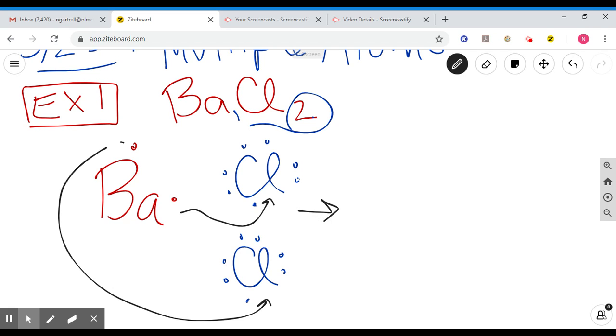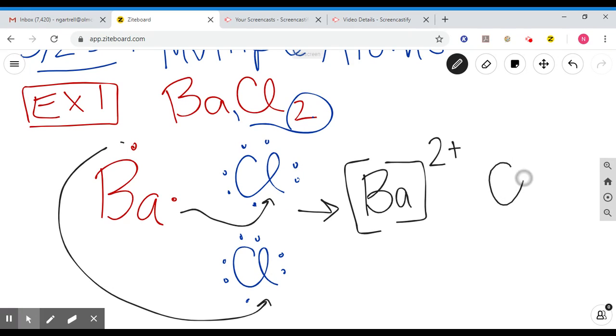Step 4, I draw my ion. So I have barium with no dots, and it has a charge of 2+ because it got rid of 2. Now, since I drew 2 chlorines on the left side, I still have to draw 2 chlorines on the right side. Now they are happy because they have 8 valence electrons.